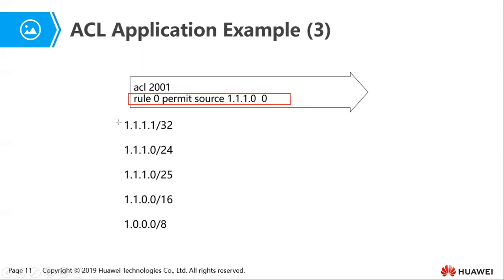If this is packet number 1, number 2, number 3, number 4, number 5, which packet is this rule going to permit? Number 1, number 2, number 3, number 4, or number 5? Which one is it going to permit?